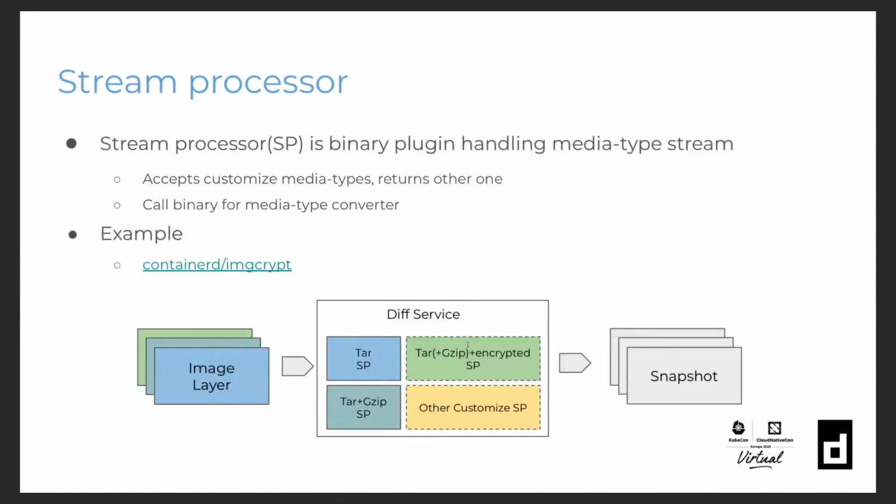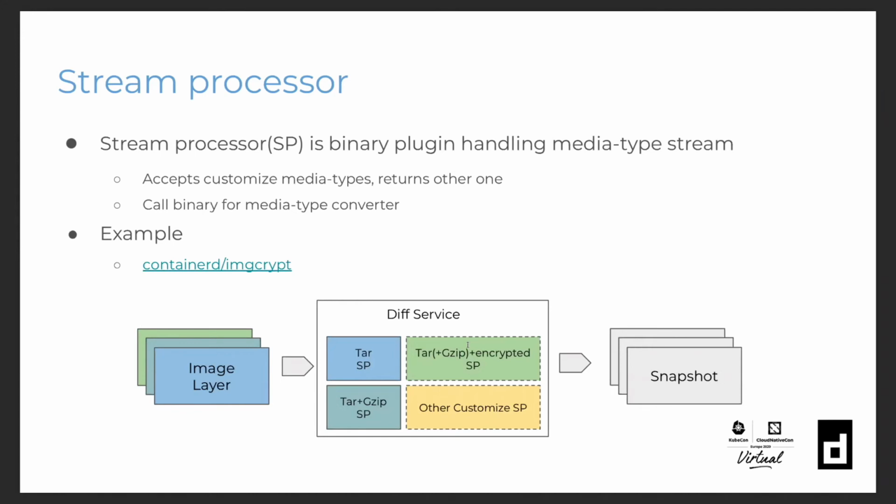At the beginning, Kubernetes integrated with the encrypted media type in the code base, but it is all about the implementation design rather than interface. It is not good enough for the other media type integration. So Kubernetes introduced the streaming processor binary plugin.